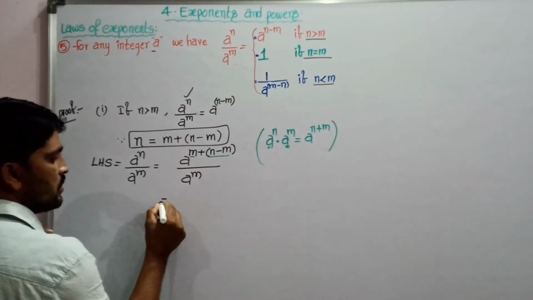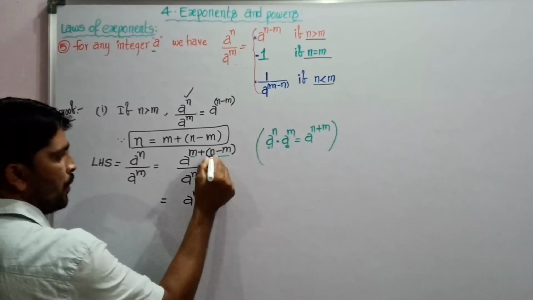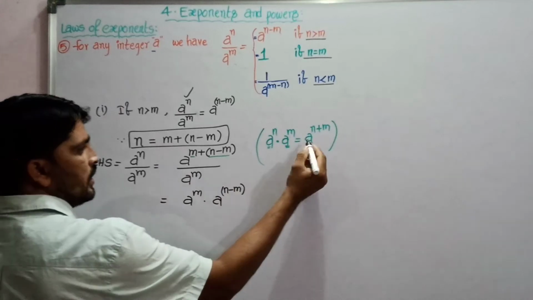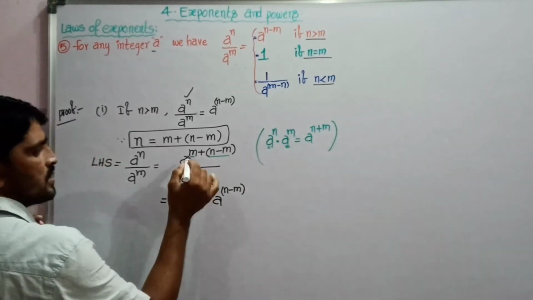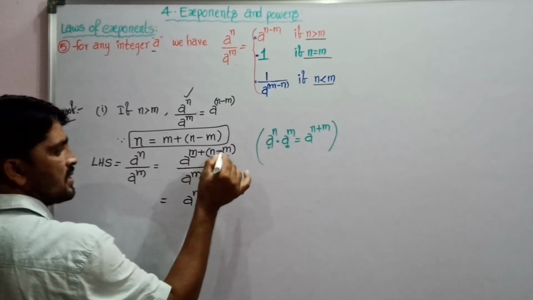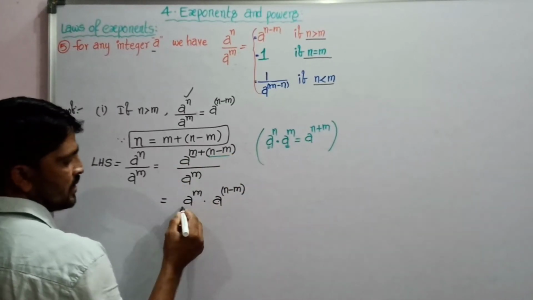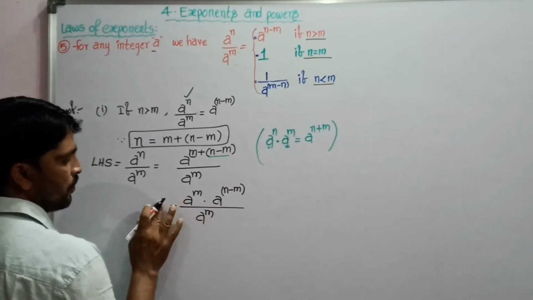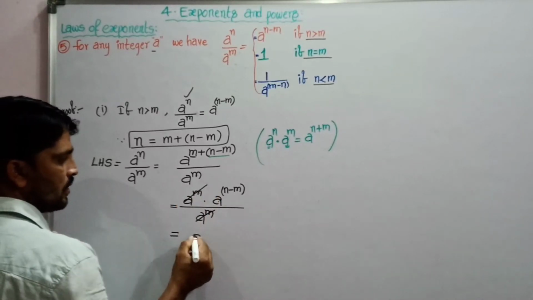The numerator can be written as a power m into a power n minus m. That is, a power n plus m can be written as a power n into a power m. In the same manner, a power m plus n minus m can be rearranged as a power m into a power n minus m, over a power m. Yes, a power m gets cancelled.